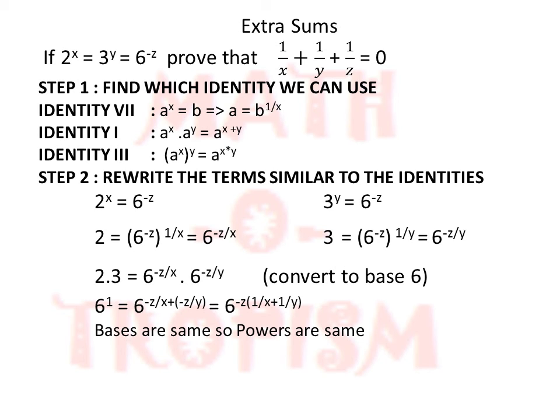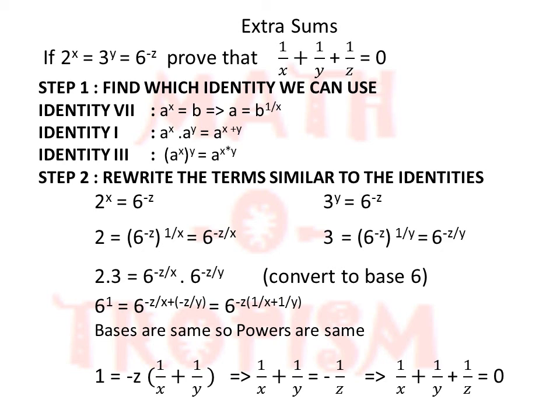Taking the powers separately, 1 is equal to minus z into 1 by x plus 1 by y. Rearranging by taking the z to the left hand side, I get 1 by x plus 1 by y is equal to minus 1 by z. Bringing all the terms to the left hand side, it becomes 1 by x plus 1 by y plus 1 by z is equal to 0, and this is what has been asked in the sum. So we have proven.